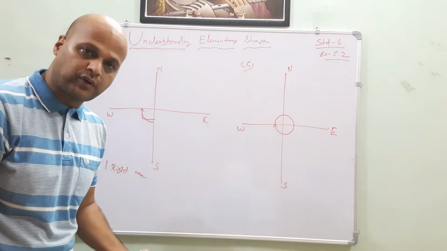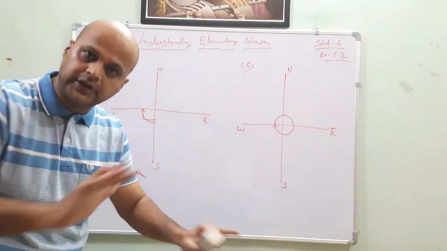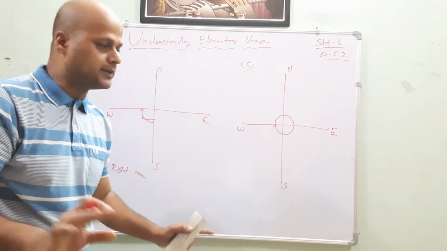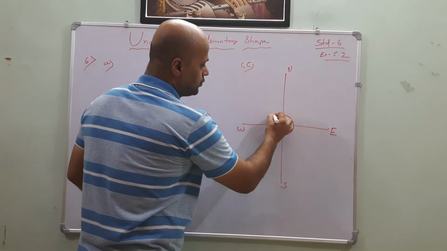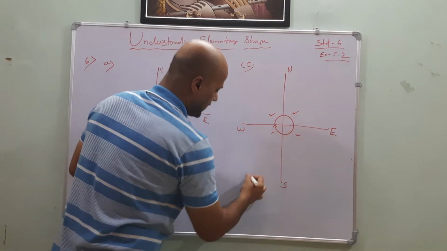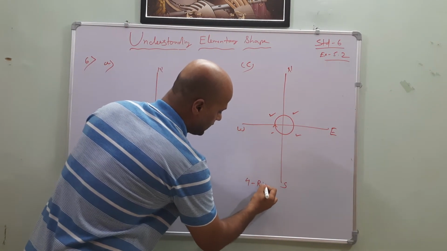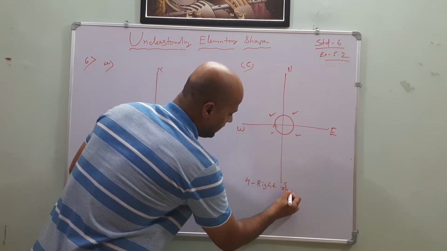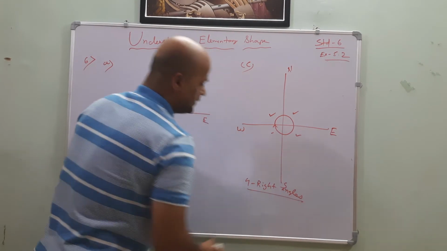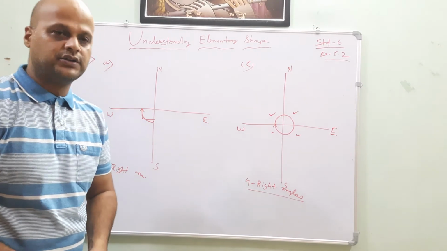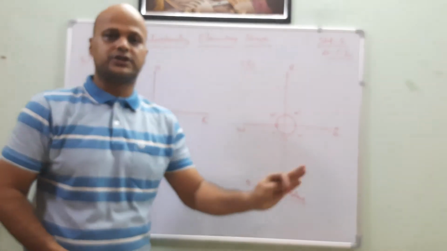It may be clockwise, it may be anti-clockwise, whatever it is, the result is the same. How many right angles will come? 1, 2, 3, 4. Right here, 4 right angles. This is the answer. Understood, my dear friends? So this is the funda of question number 6.